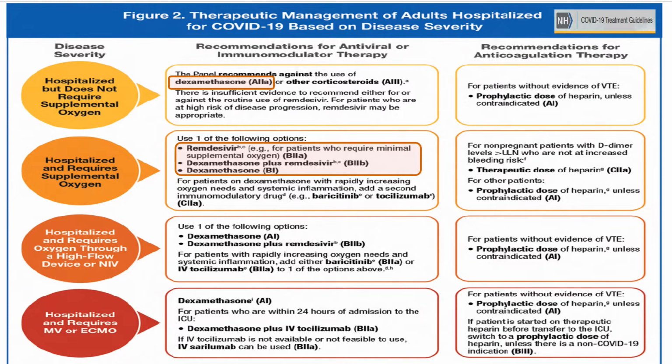If the patient requires high flow or NIV, non-invasive ventilation, dexamethasone with or without remdesivir still has a role. But finally, when the patient comes into the hyperinflammation phase, the only drugs that can work are dexamethasone, with or without IV tocilizumab. It's an interleukin-6 inhibitor, an antibody to interleukin-6 to inhibit this cytokine that causes inflammation.